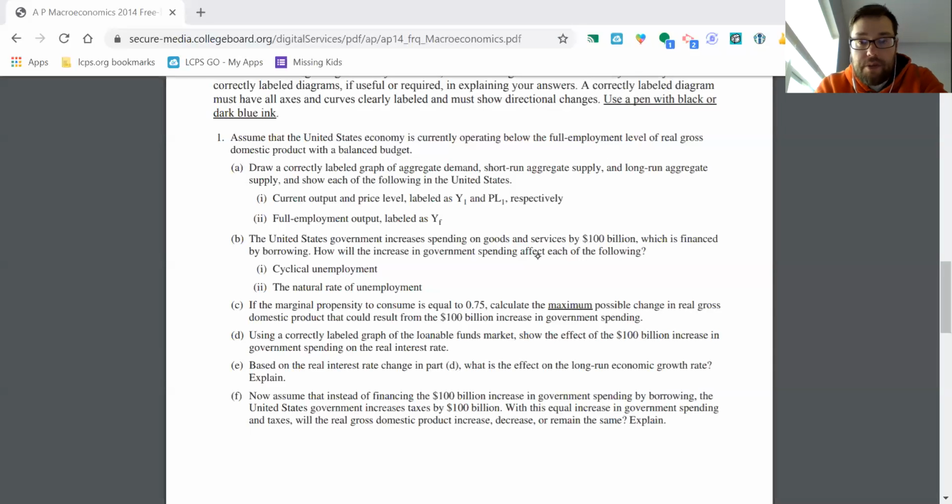The United States government increases spending on goods and services by $100 billion, which is financed by borrowing. How will the increase in government spending affect each of the following? Okay, so we actually don't have to do any calculations here for part B, but we know fiscal spending, right, is meant to move us back towards full employment.